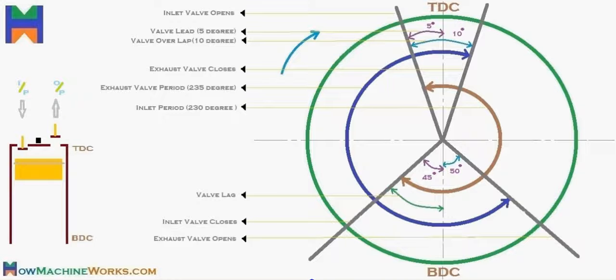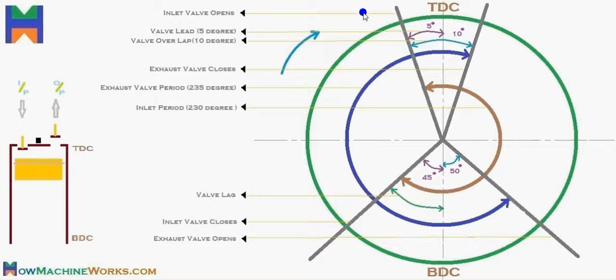First, let's see the inlet period. You can see this brown line over here, this semicircle, that is the inlet period, and it's marked as 230 degrees of crankshaft rotation. It starts from this ash line.